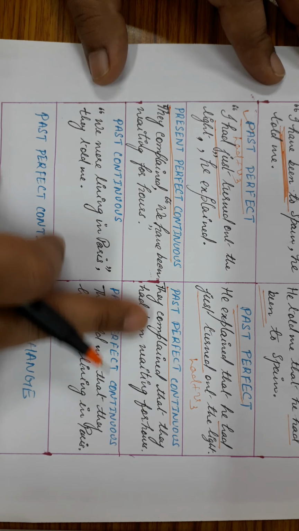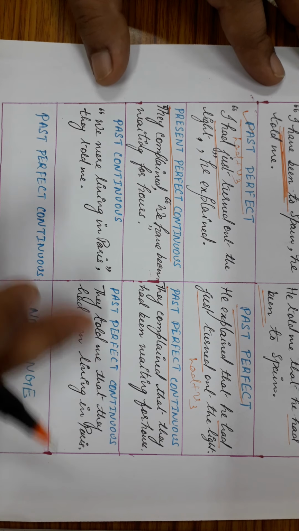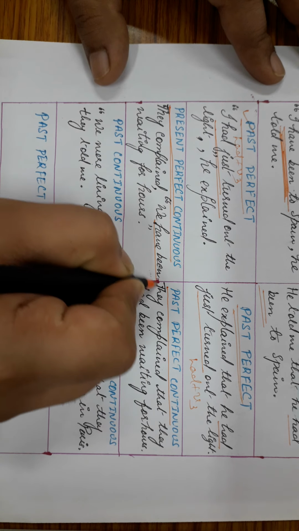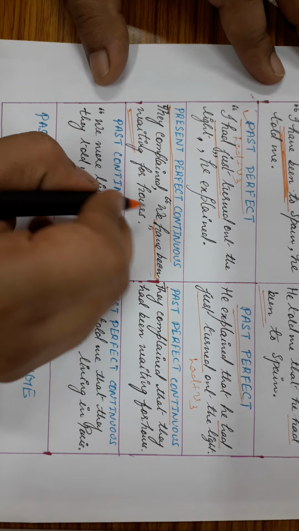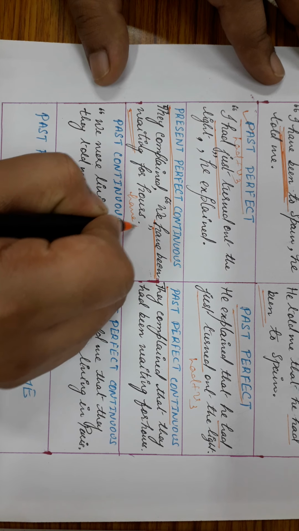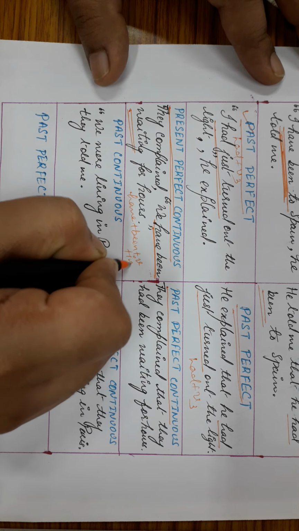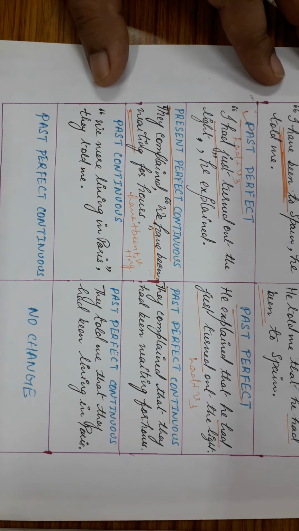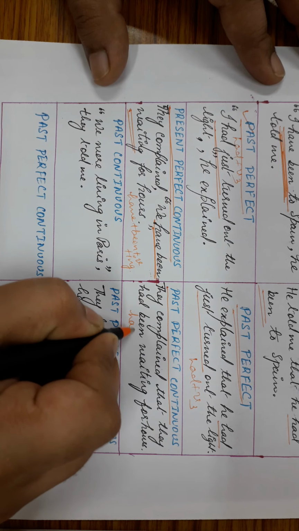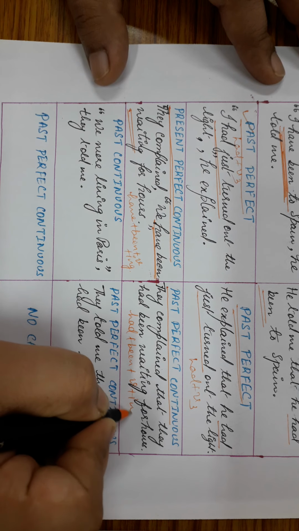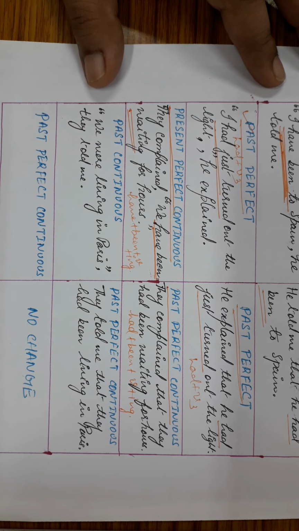So that becomes, they complained that they had been waiting for hours. What is the sentence structure we have over here? Have plus been plus verb plus ing. So here it becomes had plus been plus verb plus ing.